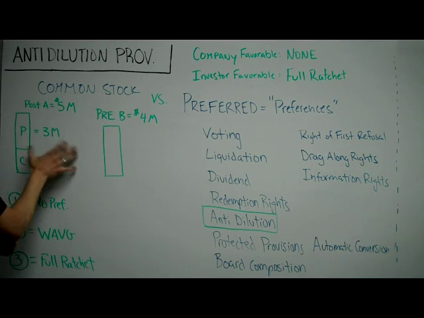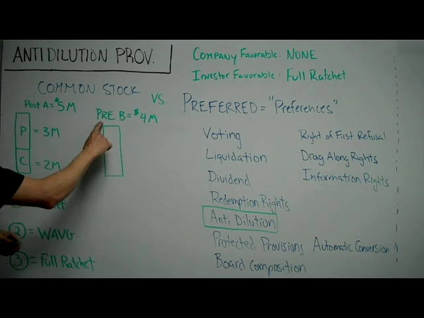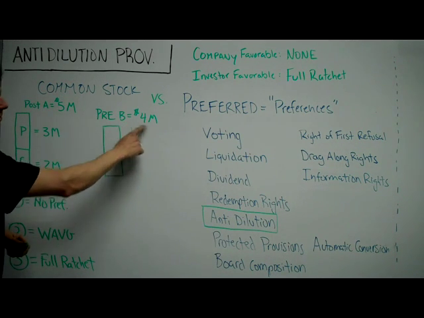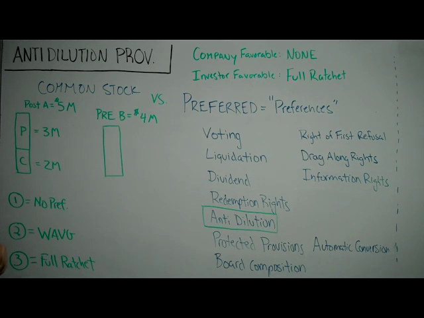Bad things happen in between round A and round B, and by the time you get to round B, the pre-money valuation is $4 million in round B. So let's look at the end of round A. After you've raised money for round A, the preferred stock shareholders' share of this company was worth $3 million, and the common stock share was worth $2 million. So you go from a post-money of 5 to a pre-money of 4. Bummer. Some value has disappeared. Maybe you guys messed up sales or something.